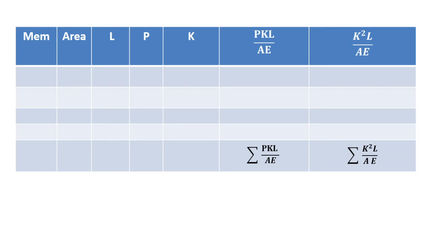The first column is member, then area, then length of member, then P, the force developed due to the external loads, K is the force developed due to the unit load, then PKL by AE, then K square L by AE, and the last is the summation of PKL by AE and the summation of K square L by AE.